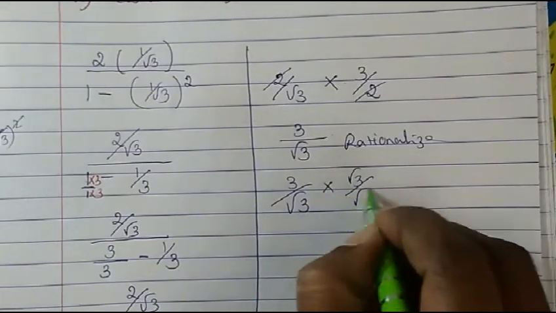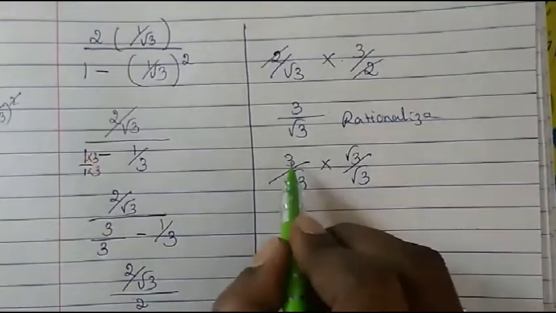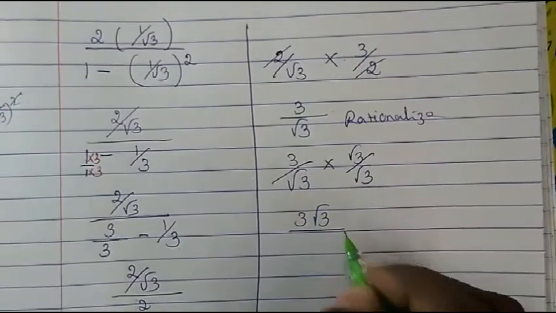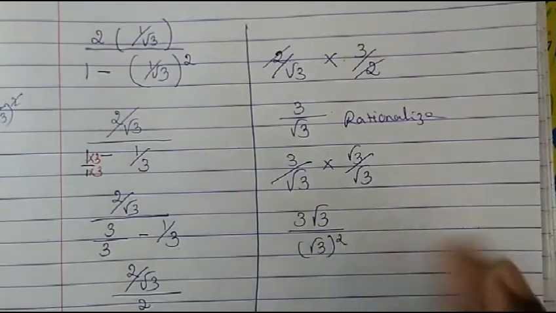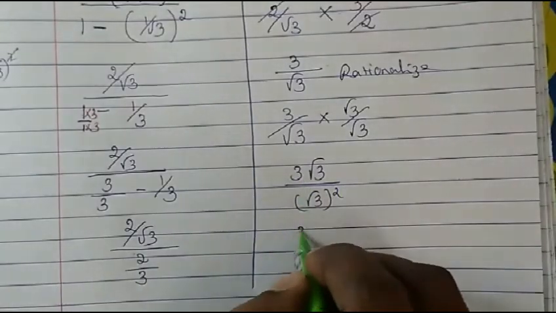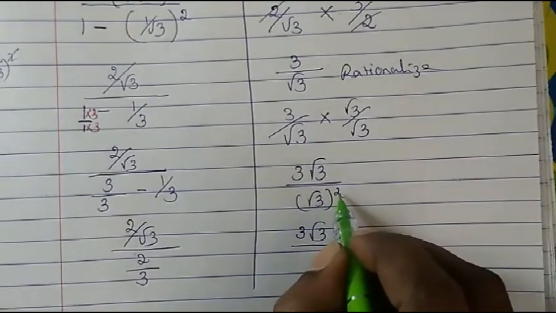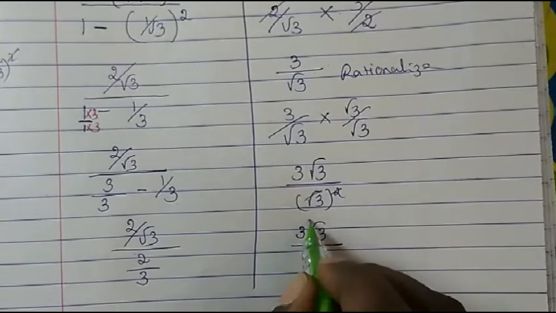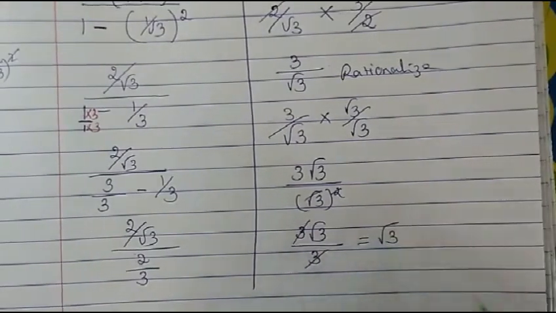So root 3 and root 3. Now when you multiply, we will get 3 root 3, and root 3 times root 3 will give us a square, and the square cancels the root, so we will get 3. So 3 gets cancelled, and we are left with only root 3.